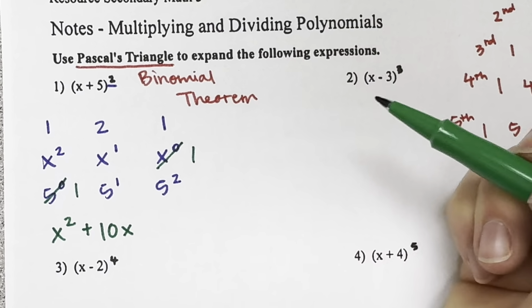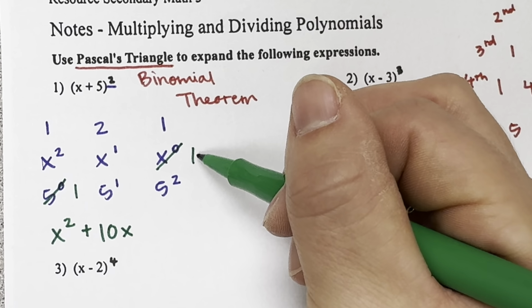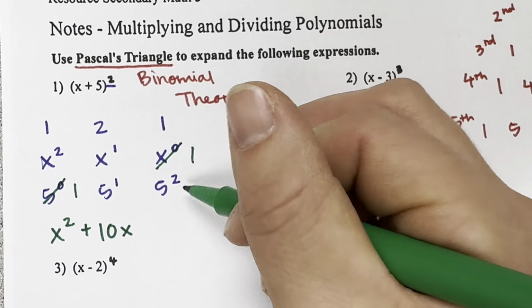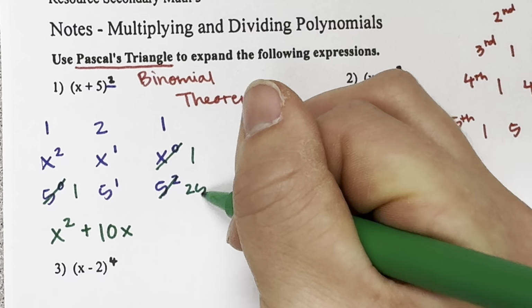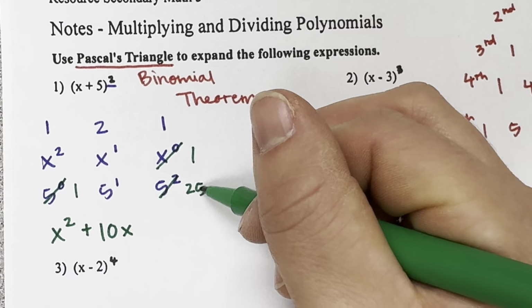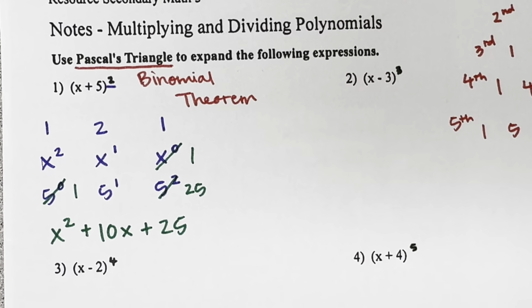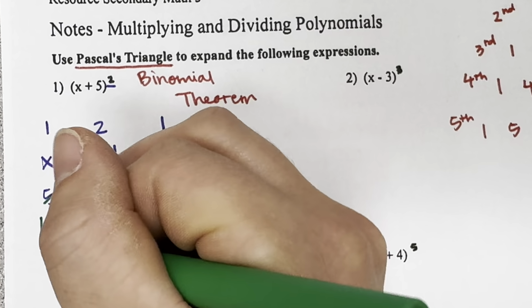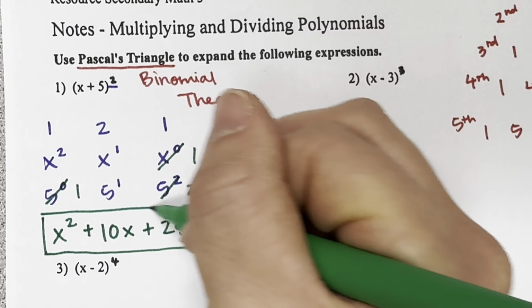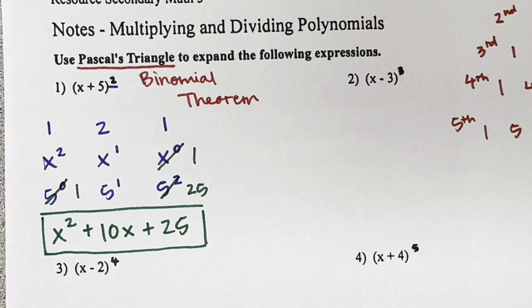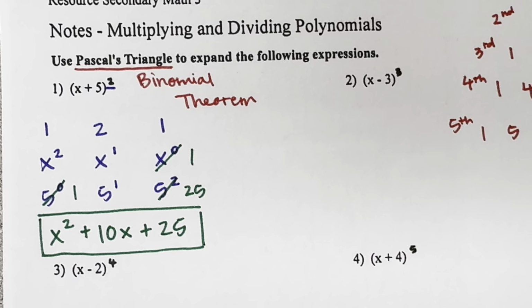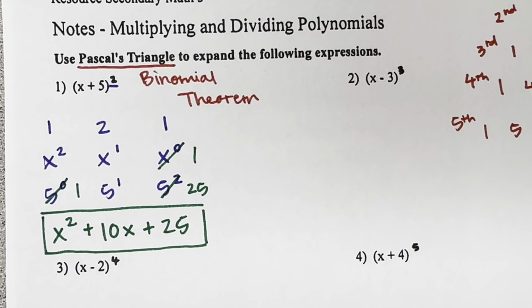Again, that's just going to turn into a 1. 1 times 1 times 5 squared, well, this is 25. 5 times 5. 25 times 1 is just positive 25. Okay, and there is our final expression, expanded using Pascal's triangle or the binomial theorem. Beautiful. Alrighty, okay, so let's try that again.